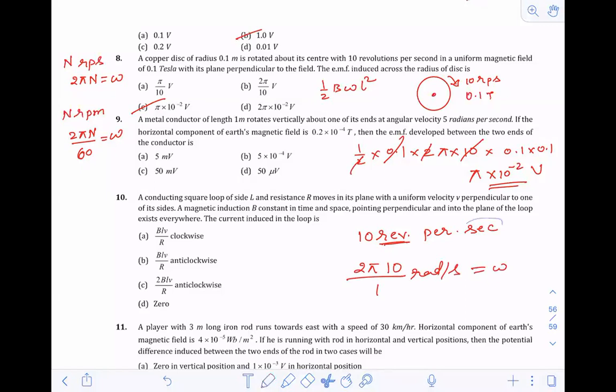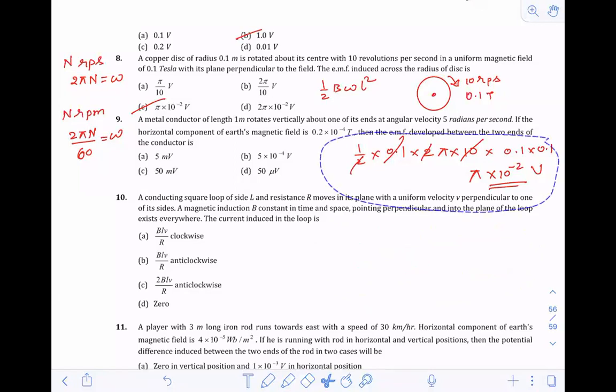If they give minute, I'll just divide this by 60 and it becomes omega in radians per second. Otherwise that unit will be radian per minute, which you cannot put in the formula. It has to be in SI system. I hope this is clear to you. So the correct answer is option C.